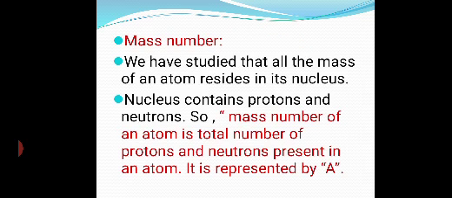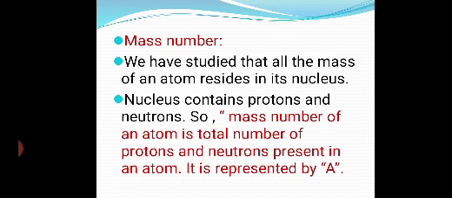Let's talk about mass number. We have studied that all the mass of an atom resides in its nucleus. The nucleus contains protons and neutrons. So, the mass number of an atom is the total number of protons and neutrons present in an atom.